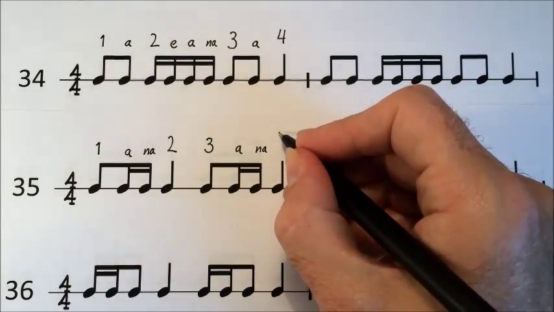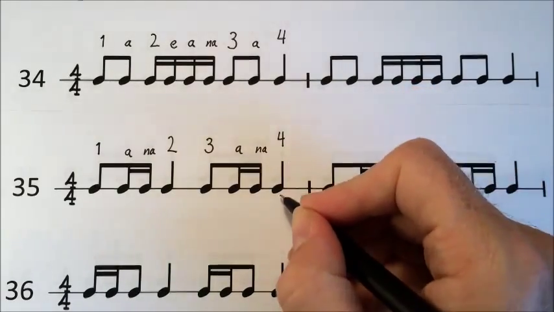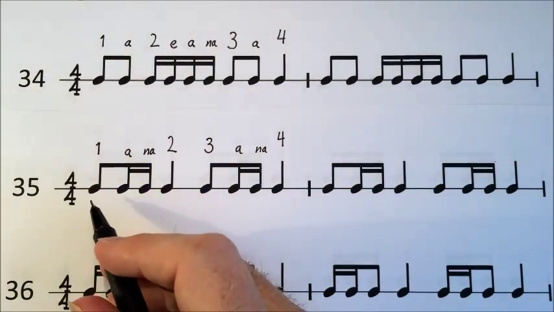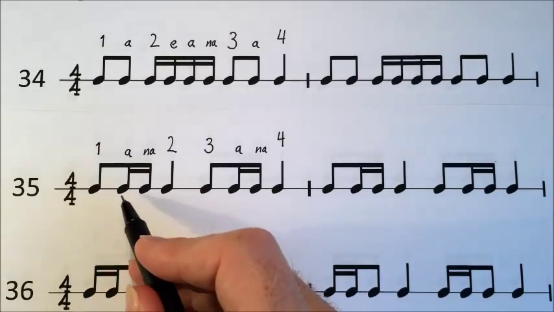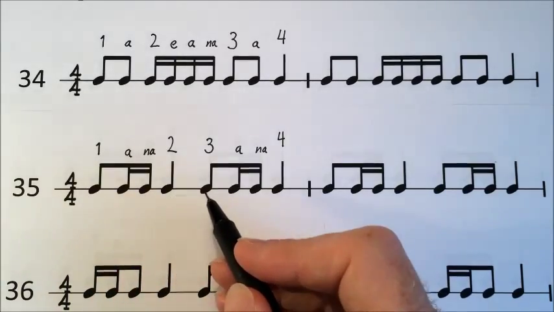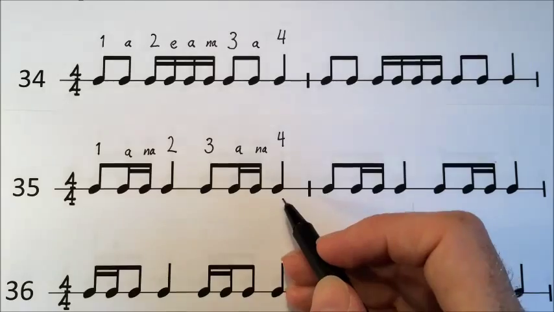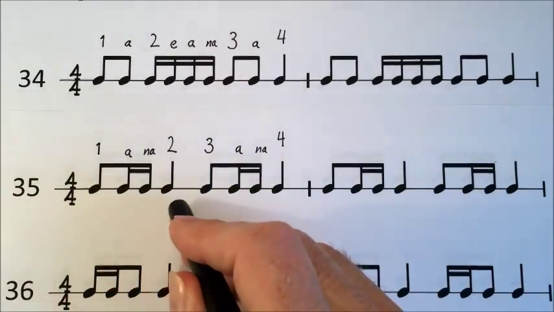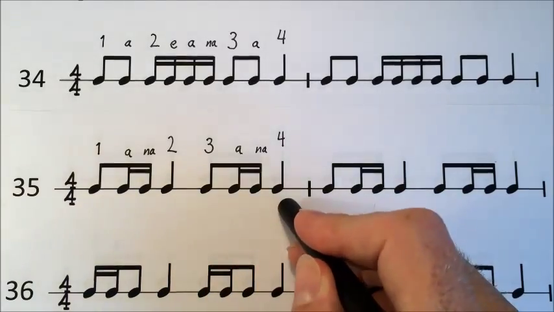And then the last one would start on the 4th beat, and that's a quarter note, so it covers that whole beat. So if we would read the rhythm, it would be 1 ana, 2, 3 ana, 4. So it would sound like 1 ana, 2, 3 ana, 4.